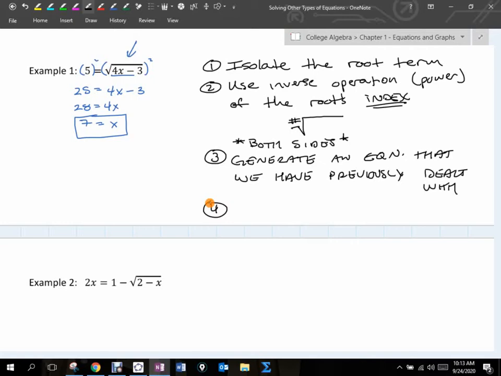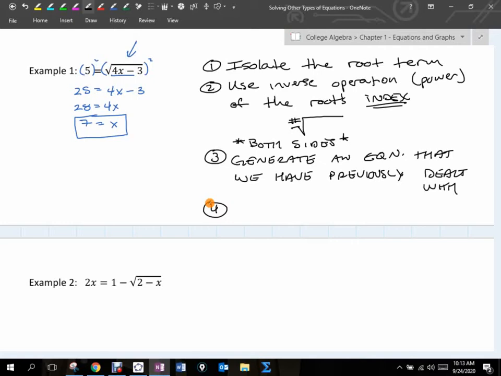Okay. Not until I teach you fully how to solve cubics and quartics will we integrate with these types of questions that are like cubic roots or fourth roots or fifth roots or something like that. Does that make sense? Okay.